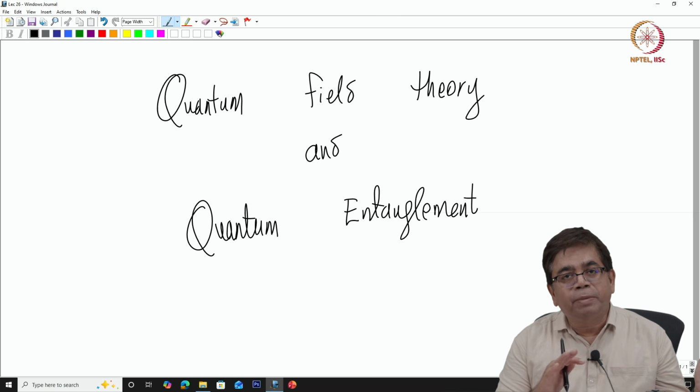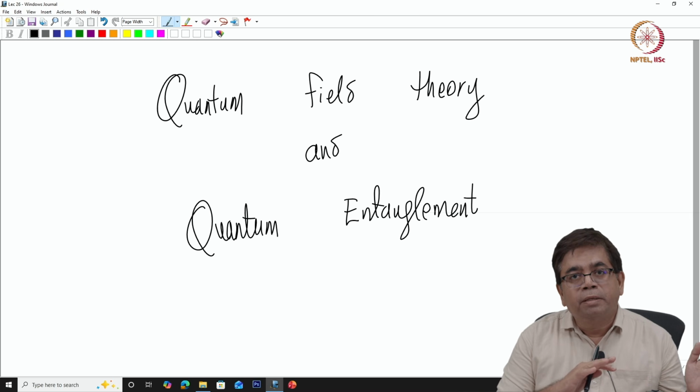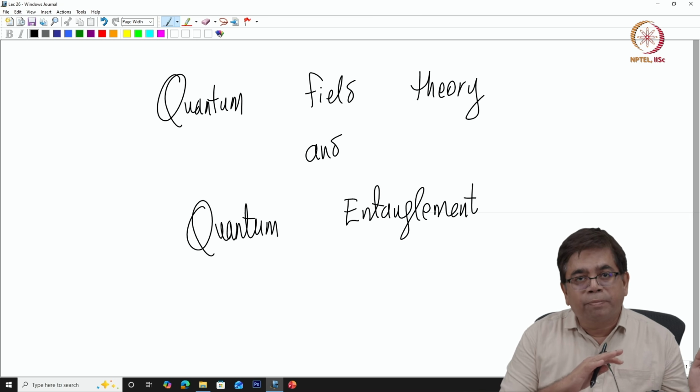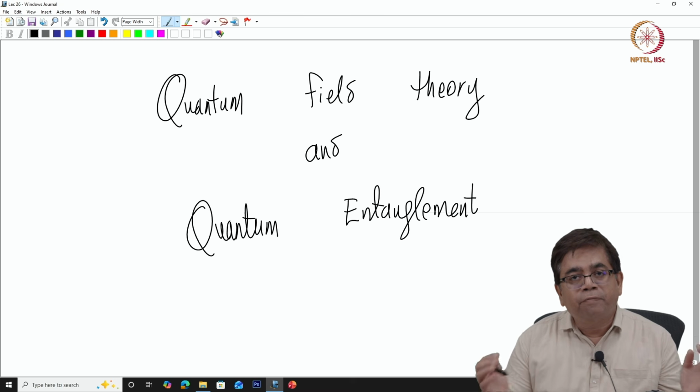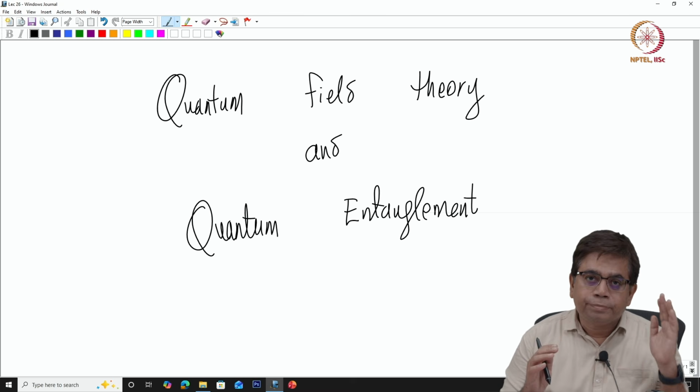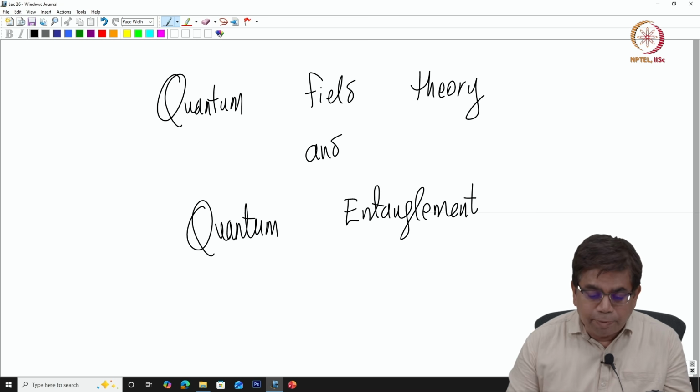That is the only difference between the bosonic Wick theorem and the fermionic Wick theorem, where the commutators are replaced by the anticommutators.